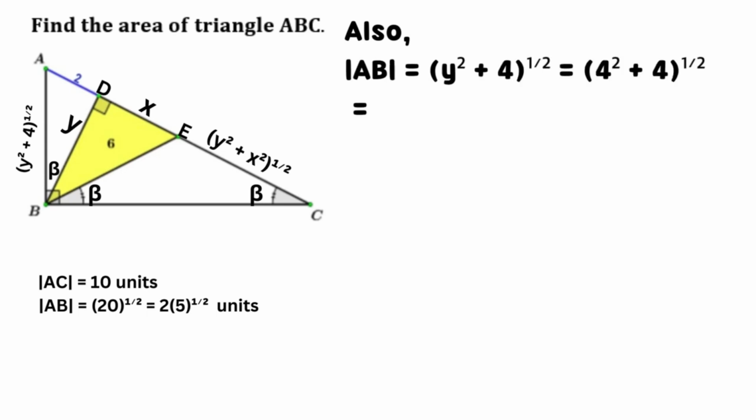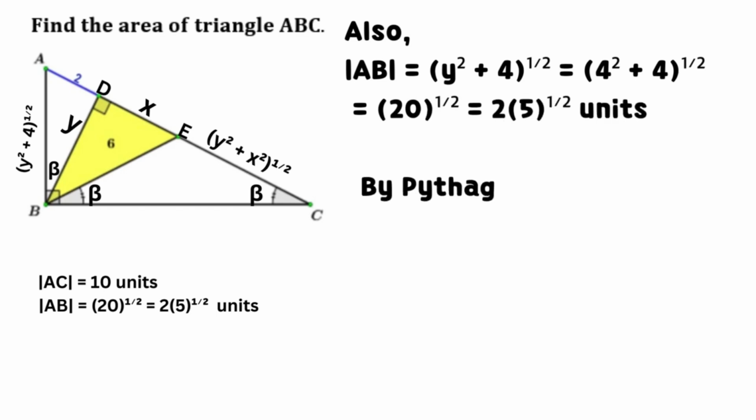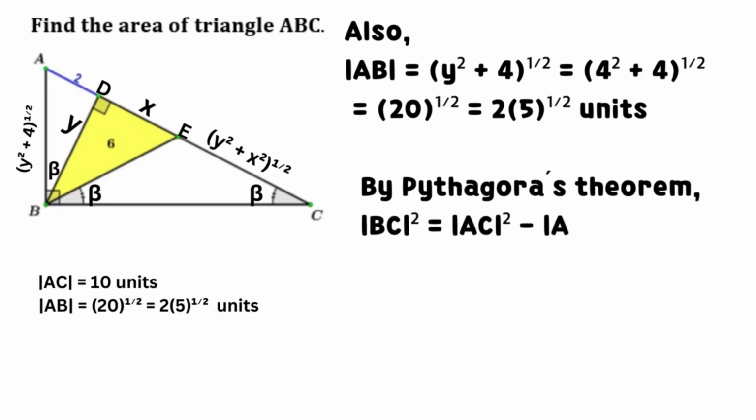Also, AB equals the square root of the sum of y squared and 4, which equals the square root of 20 or the product of 2 and the square root of 5 in units.